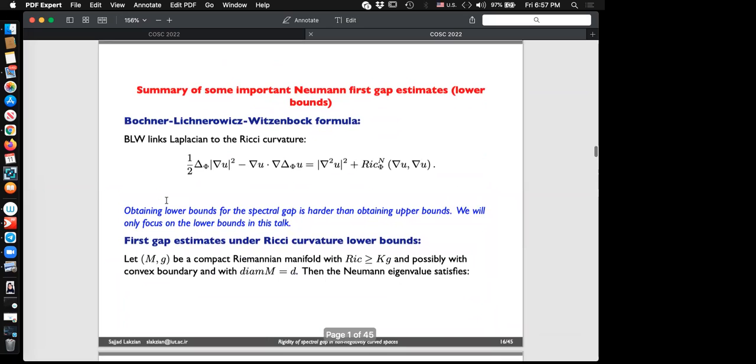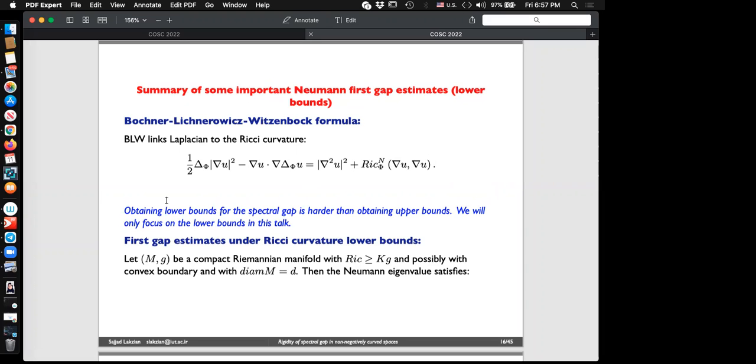So let's talk about how one would derive eigenvalue estimates if one has Ricci curvature bounds. Perhaps everybody can guess that you have to use the Bochner identity, because in it you have both Laplacian terms and some terms with definite signs, and we have Ricci curvature, so this is the most natural place to start.